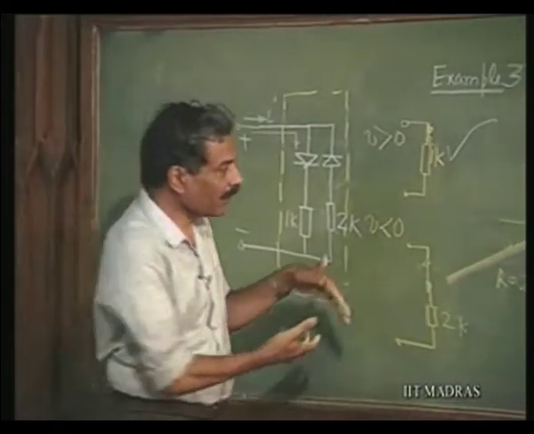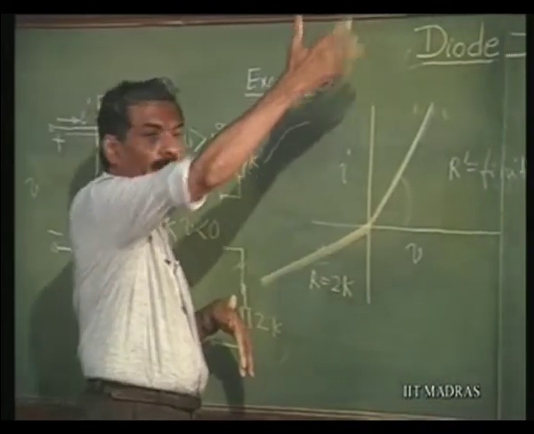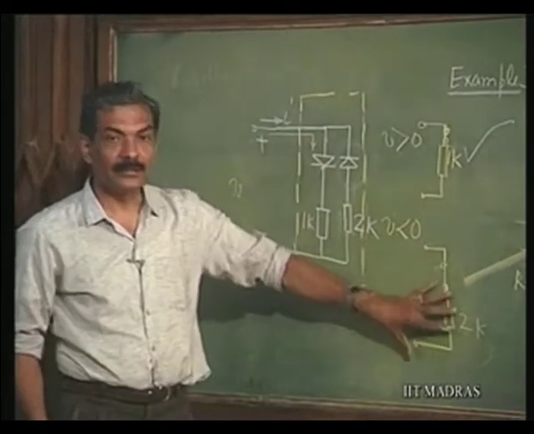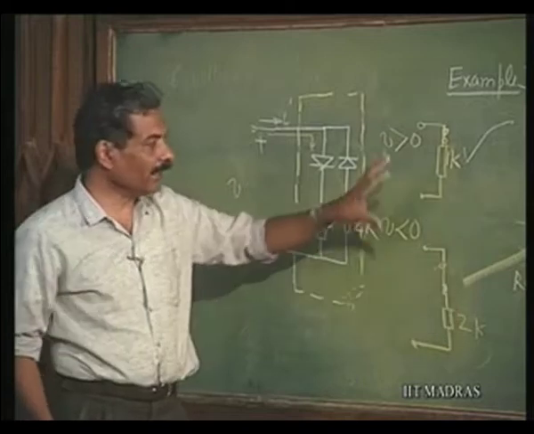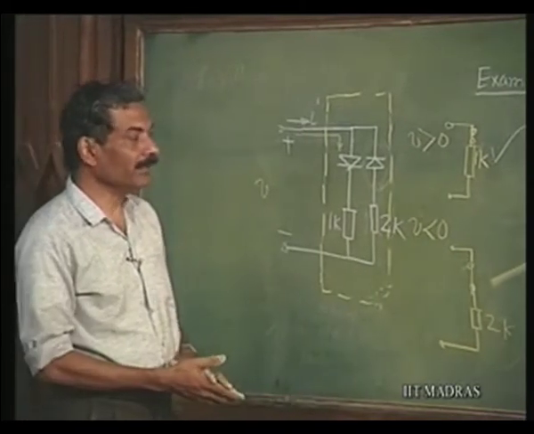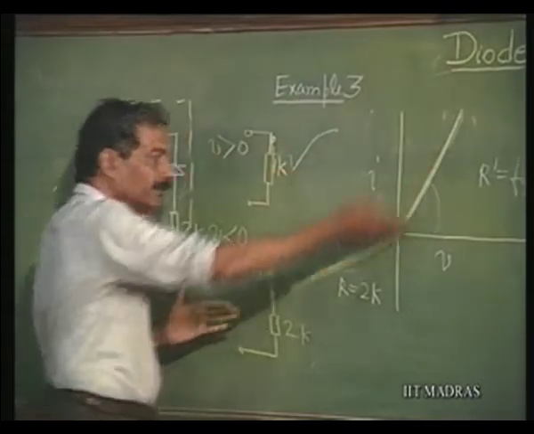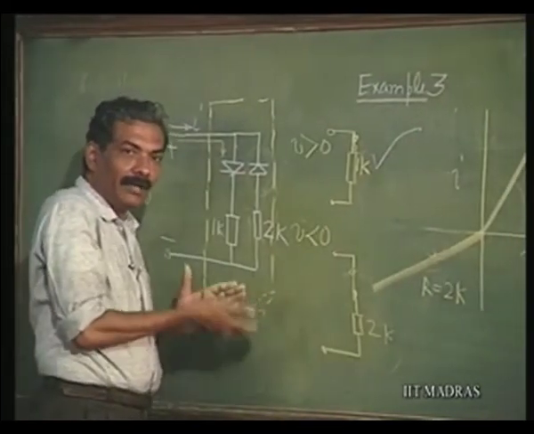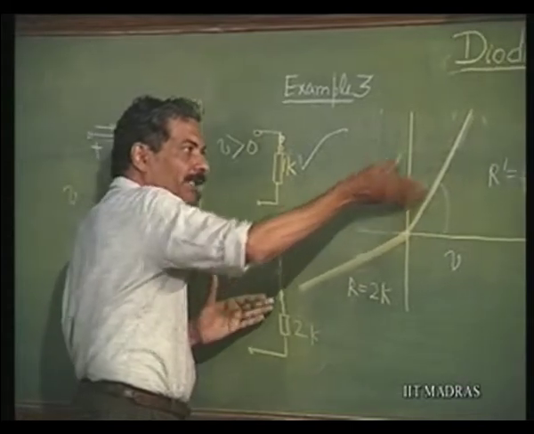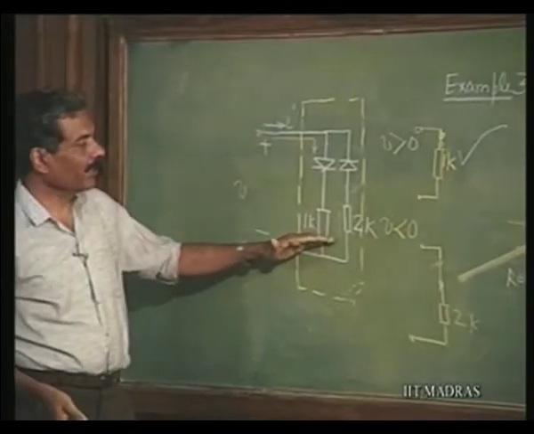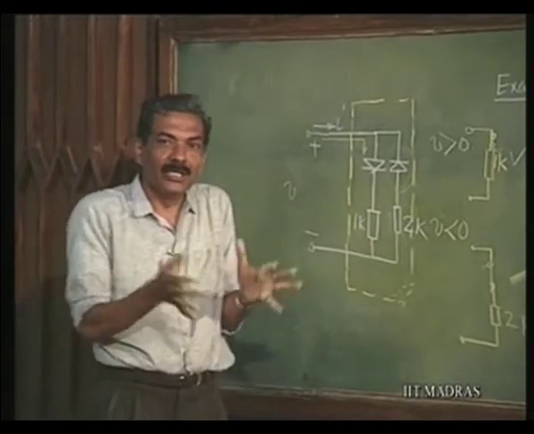So, I can synthesize a nonlinear characteristic I want purely by using diode and resistors. We will see how this is going to be useful for me to obtain any nonlinear characteristic whatever be. I will simply approximate it to some piecewise linear characteristic and use diodes and resistors and obtain such complex nonlinear characteristic.